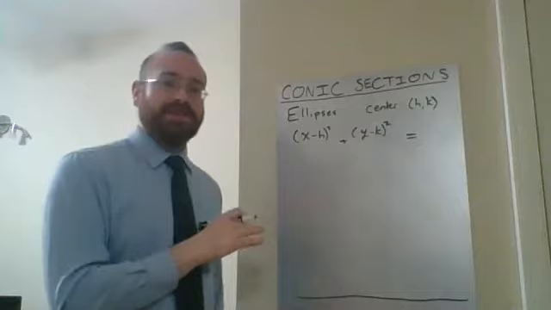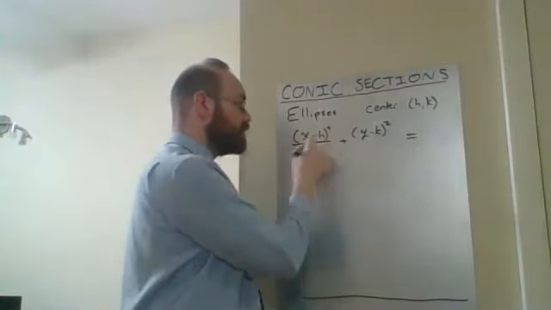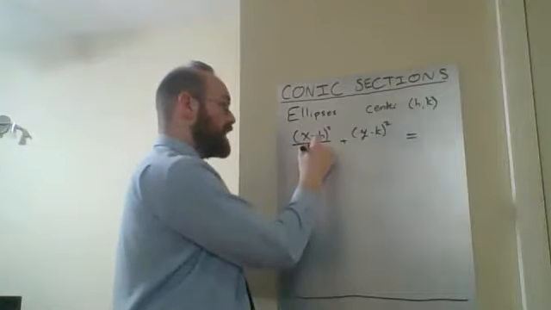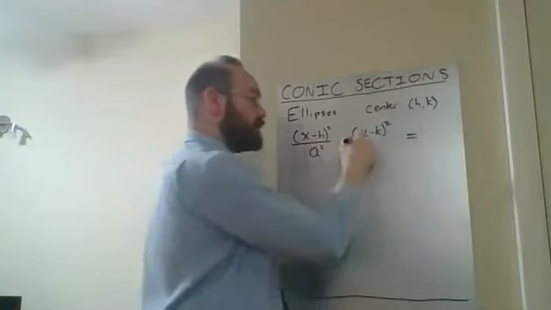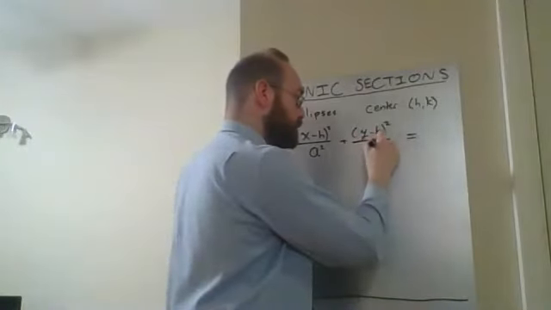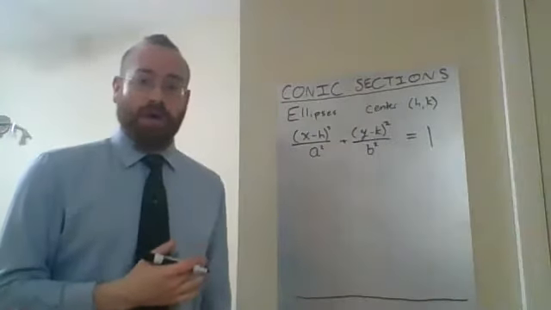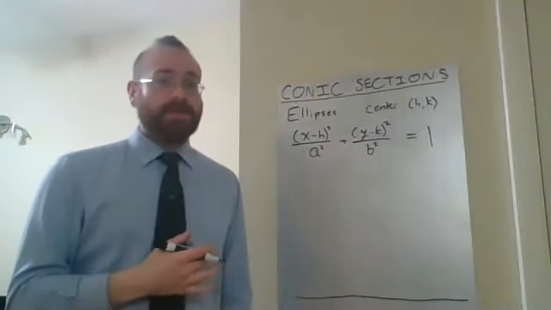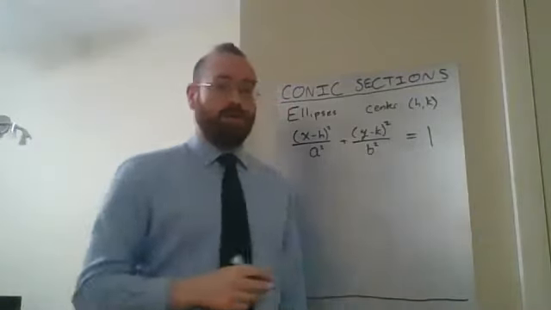But this is where there's a slight change, because we divide our x term by a squared, and we divide our y term by b squared, and then our equation is always equal to 1. Because we said that the sum of the distances is always equal to 1.